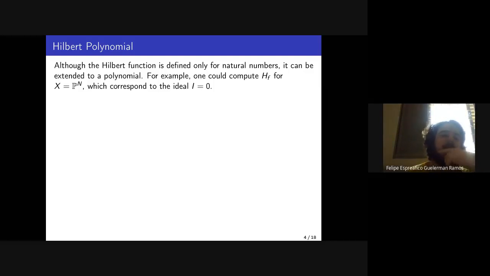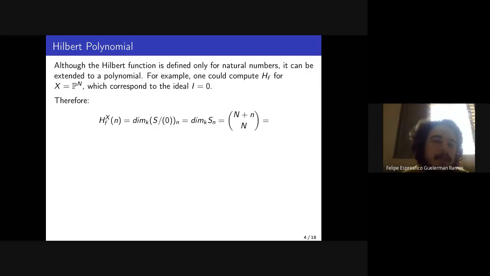And although this function is only defined for natural numbers, we can extend this function to polynomials. That's the main thing. And then we will call these polynomials Hilbert polynomials. So for example, if we have X equals Pn, that means we are considering the ideal 0.